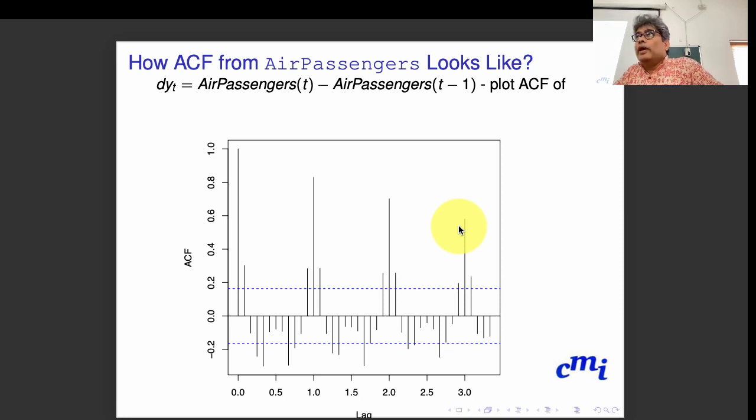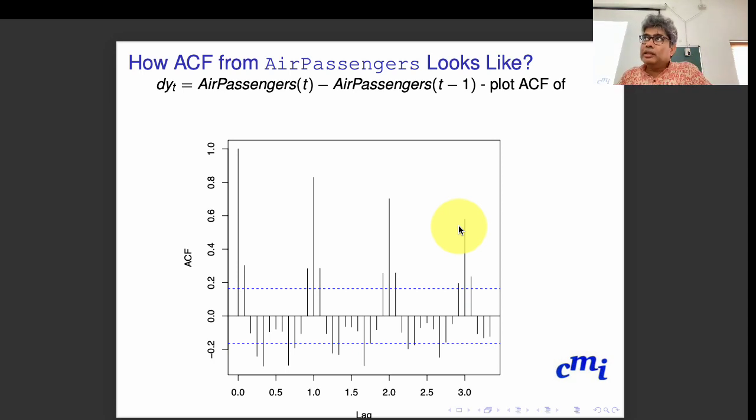But it is also true that there is a fundamental periodicity of 12 in the original series. So is it always true that if you plot the difference, you will find the periodicity of the original series also? Or is this specific? I don't know, and we will discover it.